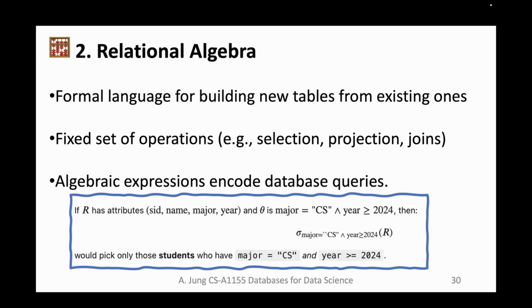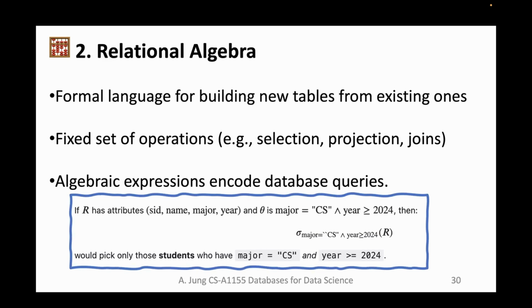You can think of relational algebra as the fancy version of another language that maybe some of you have heard of, which is called SQL, structured query language. SQL is the everyday version of relational algebra. In the end, these are formal languages mainly for building new tables from existing ones.